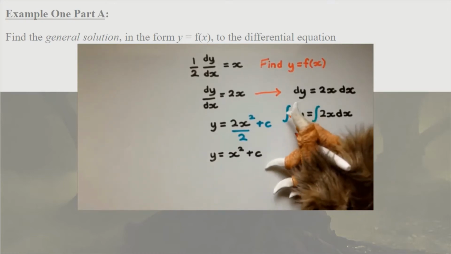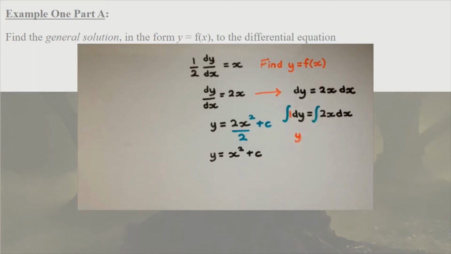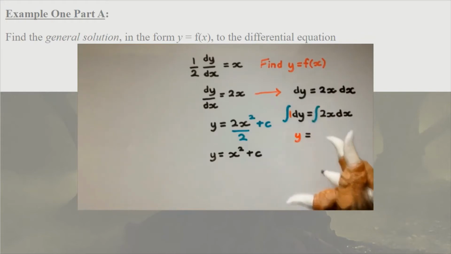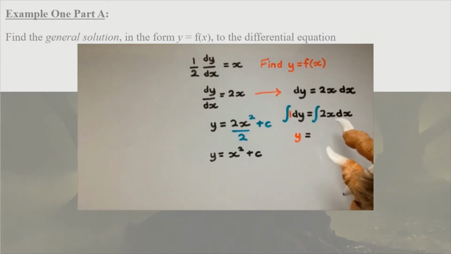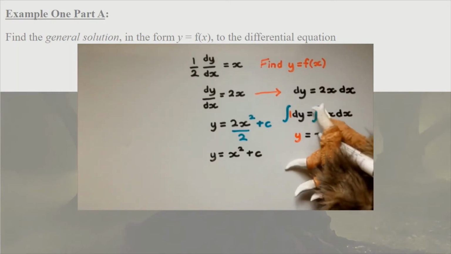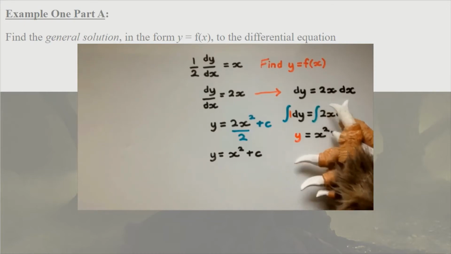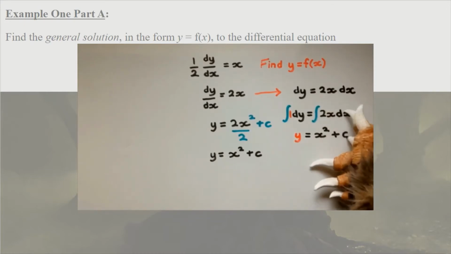So this becomes y once it's integrated. And on the right hand side, I'm integrating 2x with respect to x. Okay? And that's the standard result. So that's where the x squared plus c comes from.